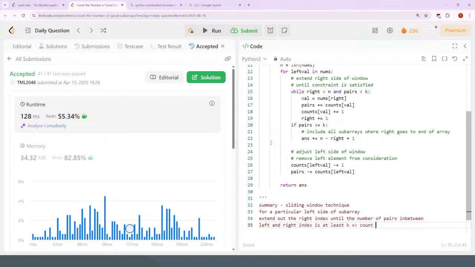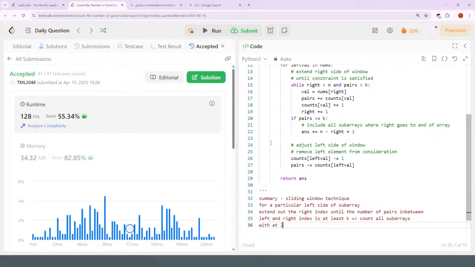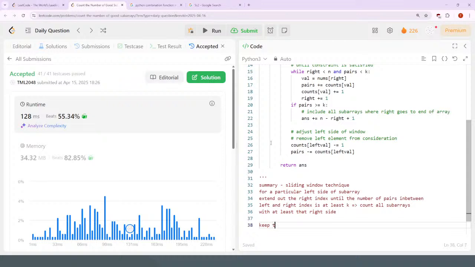Count all subarrays with at least that right side. Keep track of frequency of values. I used a default dictionary.